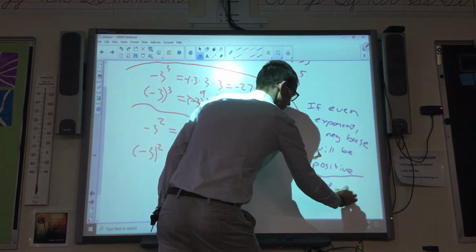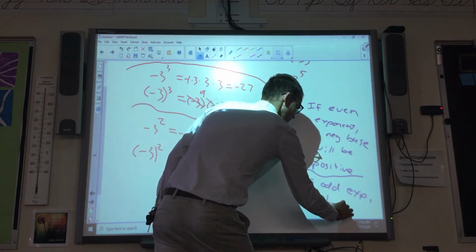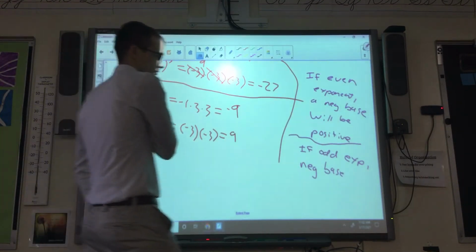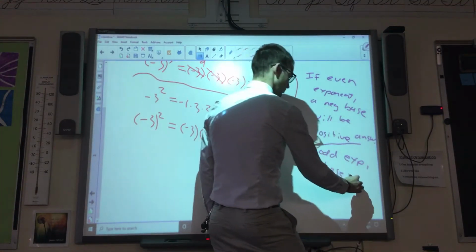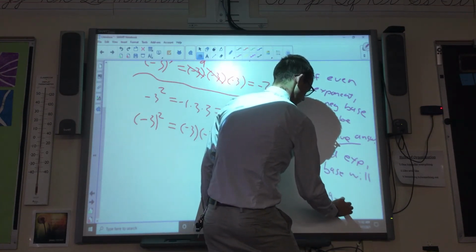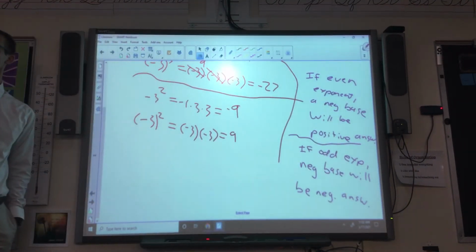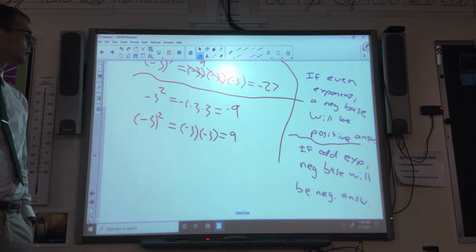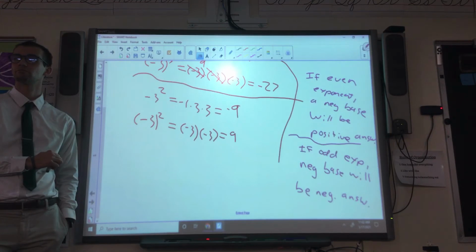If odd exponent, negative base will be a negative answer. Good? Need more time? Okay.